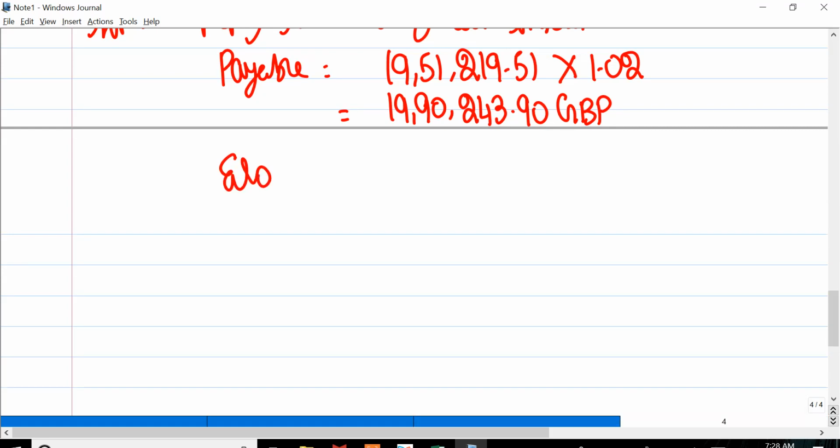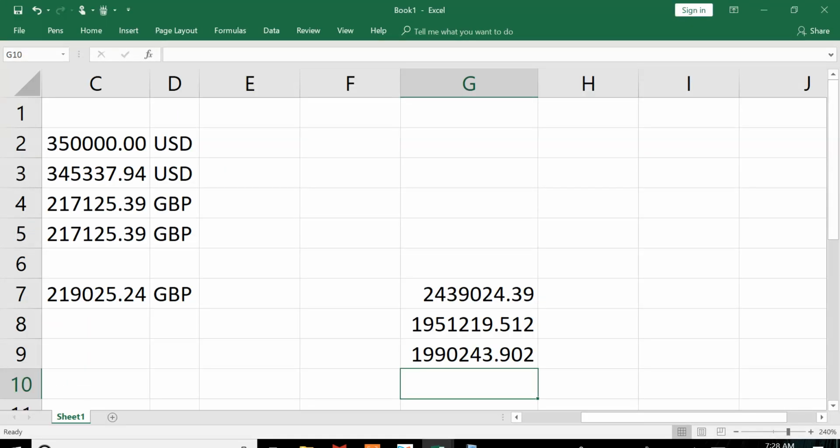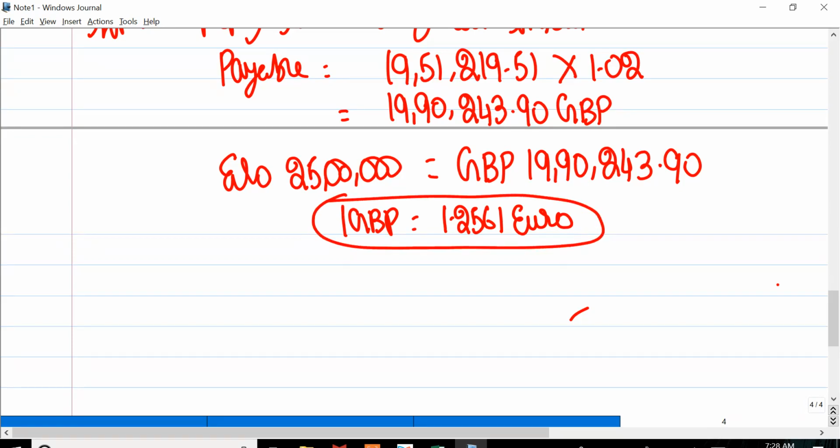Euro 25 lakhs, one GBP equal to 1.2561. This is what our analysis says.